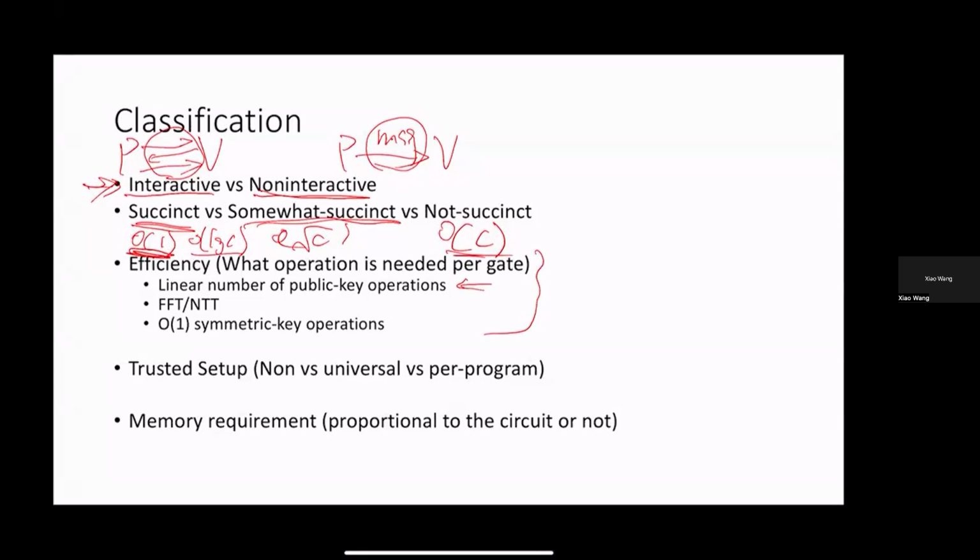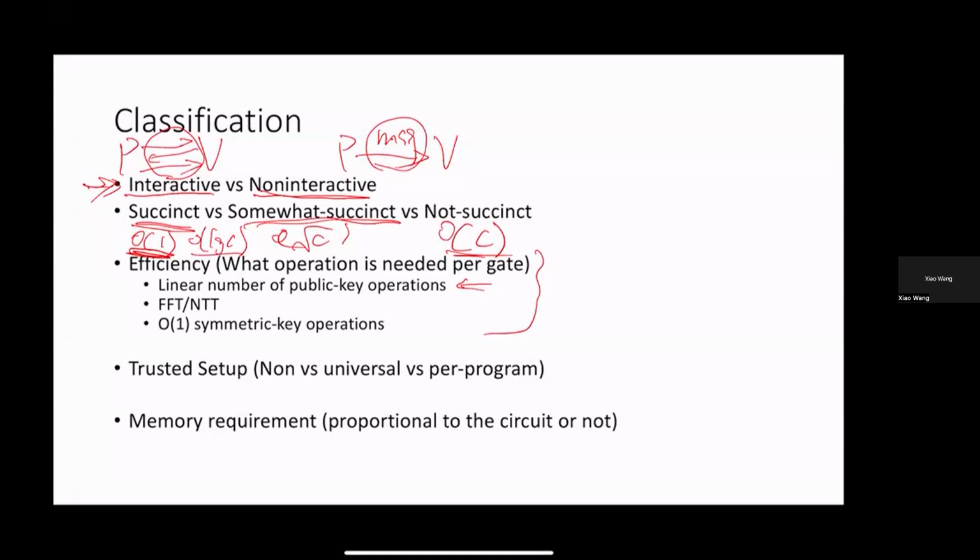Essentially, if we have a circuit, a set of constraints, it requires a constant number of public key operations for each constraint or each gate. Public key operations are usually not very fast, and can lead to a hassle, for example if you want a constant-time program. So this one often leads to very heavy computation.